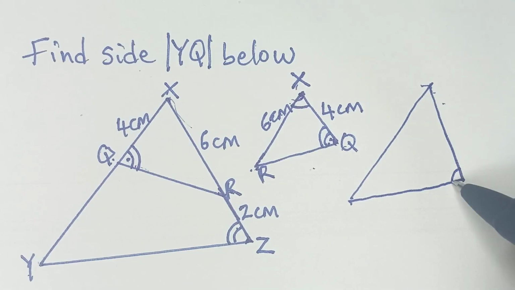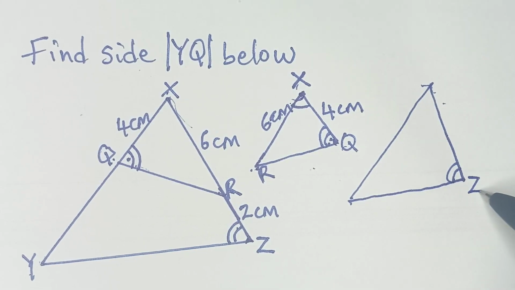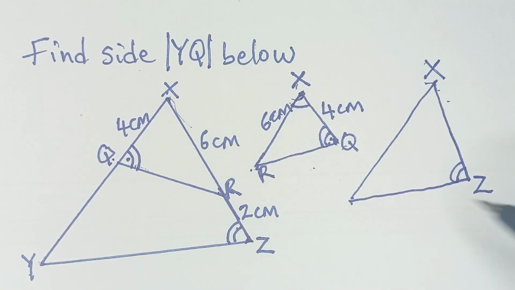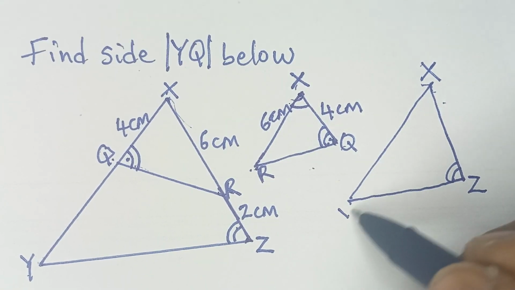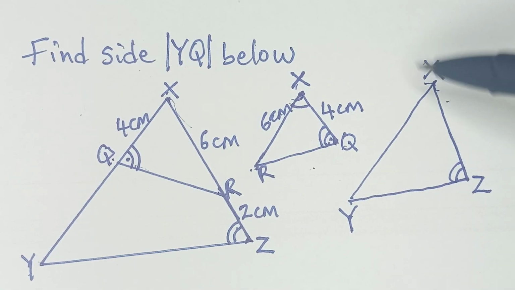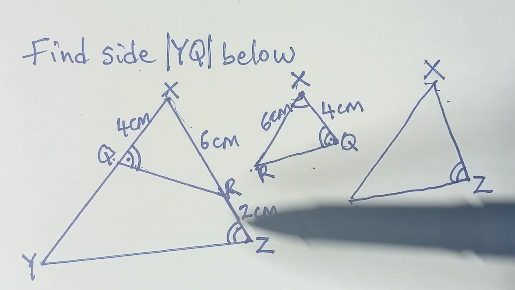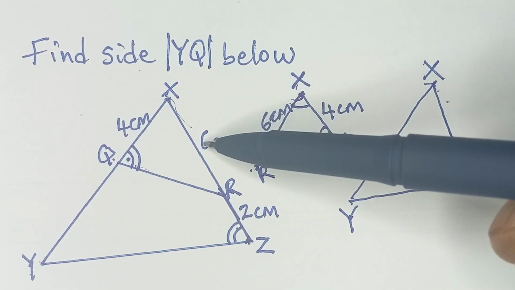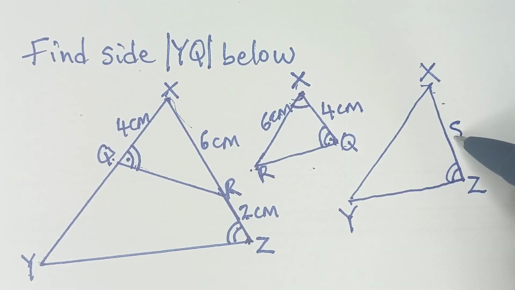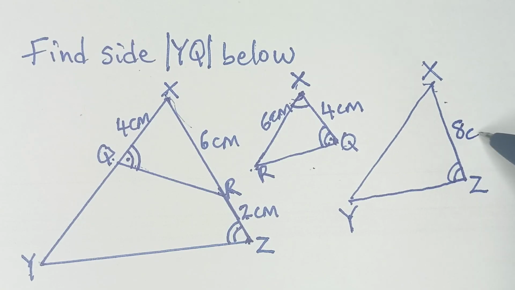This is this angle Z, still on my right. Don't forget, X is at the top. This is the X, and this is the point Y now. So now looking at this triangle, the part XZ will be 6 plus 2, which is 8 centimeter. So this side becomes 8 centimeter.